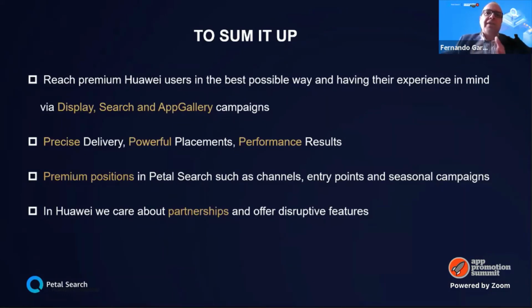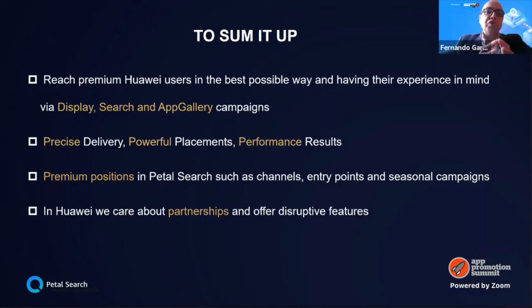So there are 4 main messages here from the Huawei Ads and Parallel Search team. Just closing this session, you can reach the premium Huawei users in the best possible way. And you have the options that Alisa described before: display, search, and AppGallery campaigns. That's fully clear. The 3 main elements of Huawei Ads are precise delivery, powerful placements, and performance-oriented results.